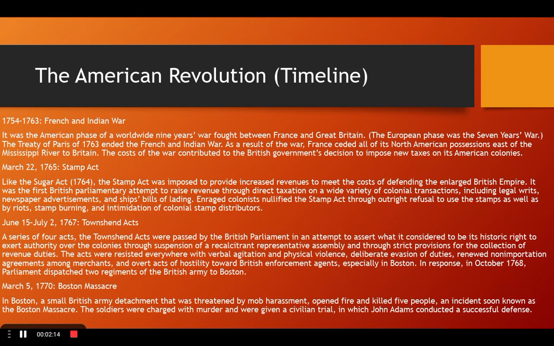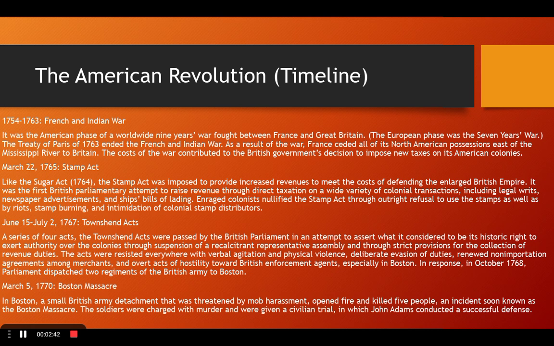June 15 to July 2nd, 1767, Townshend Act. A series of four acts, the Townshend Act was passed by British Parliament in an attempt to assert what it considered to be its historic right to exert authority over the colonies through suspension of recalcitrant representative assemblies and through strict provision for collection of revenue duties.